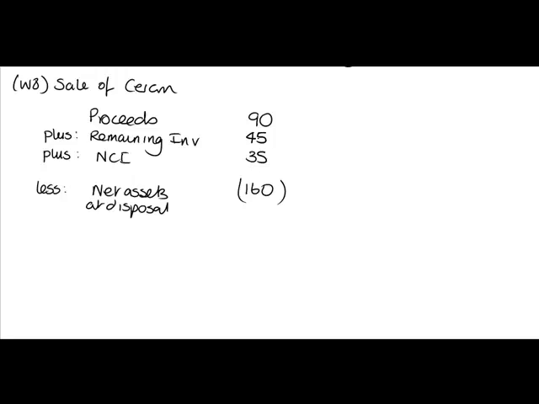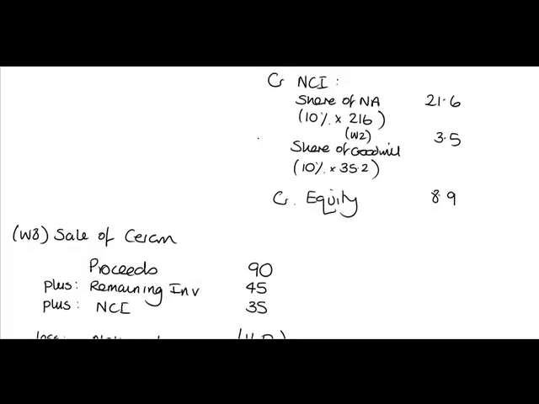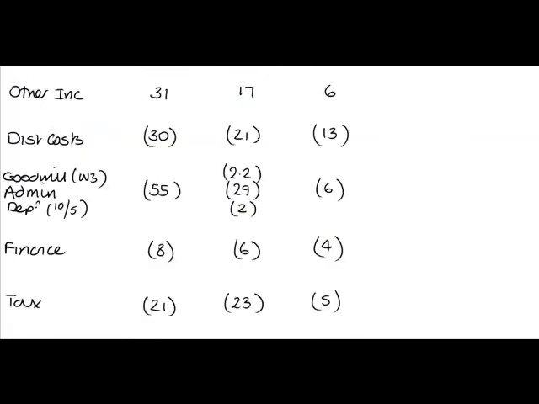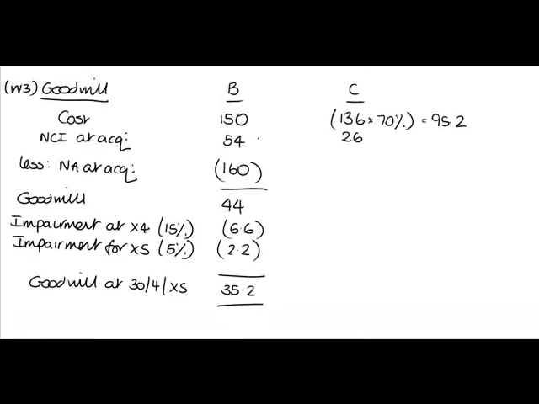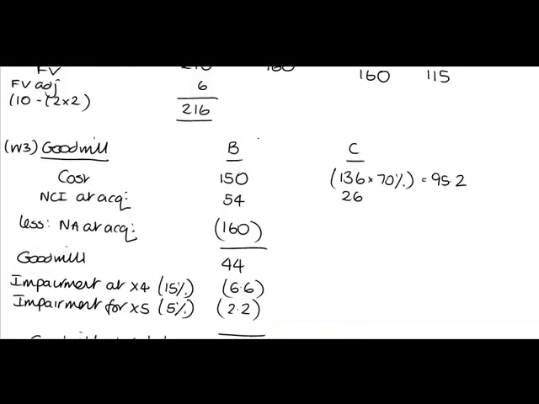No goodwill impairment occurs. So what we can therefore do is calculate goodwill at the date of disposal. We know that the NCI at acquisition was 26, and we are told that the net assets are 115.